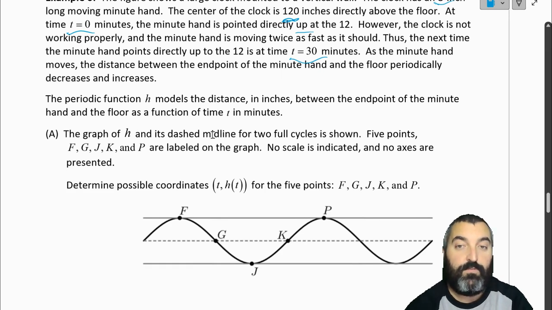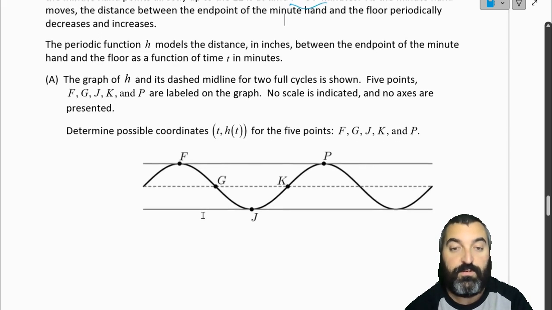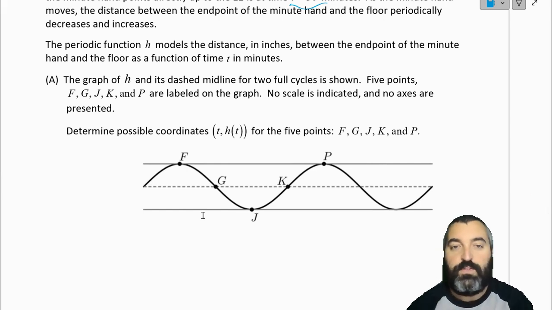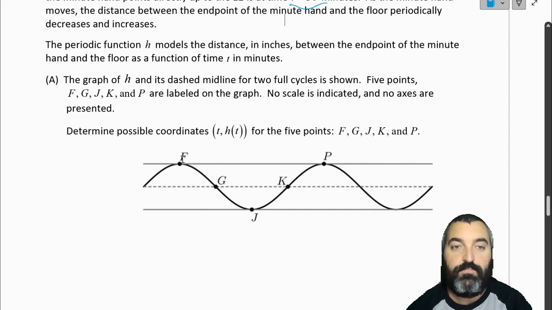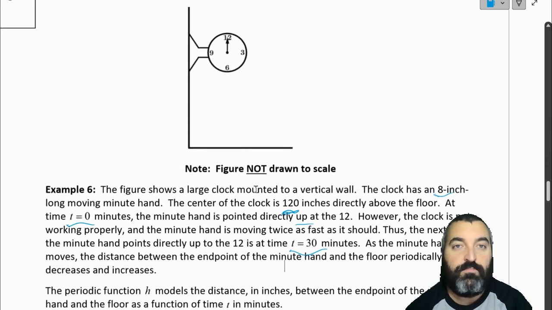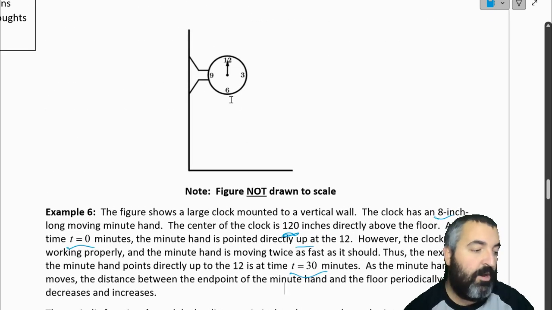They say this is the midline, and then there are 5 points, F, G, J, K, and P. No scale is indicated, no axes are presented, and we just need to find possible coordinate points. Technically there are lots of different answers depending on how you place each of these points, but we can go back to this image to help us look at this.